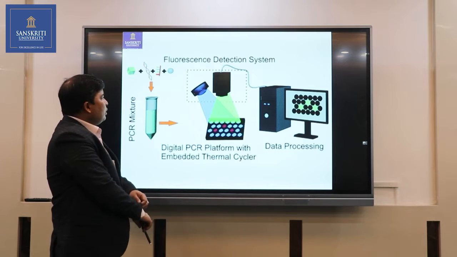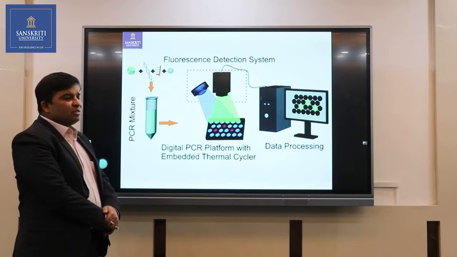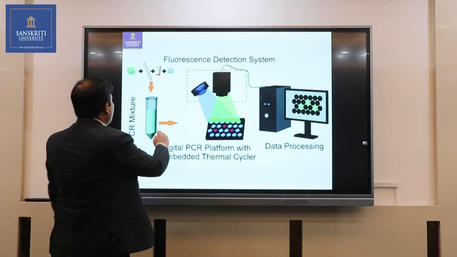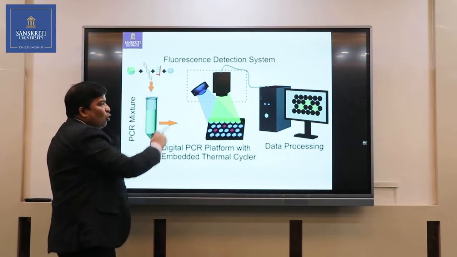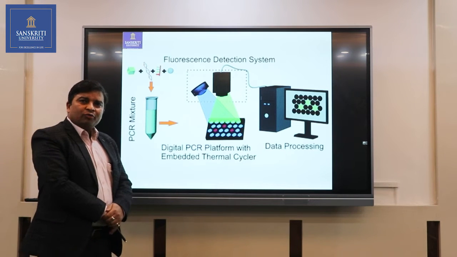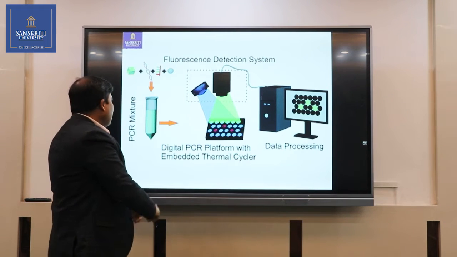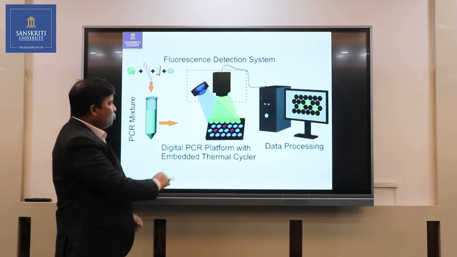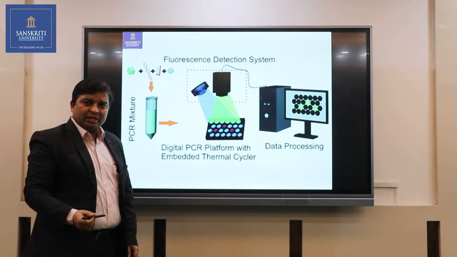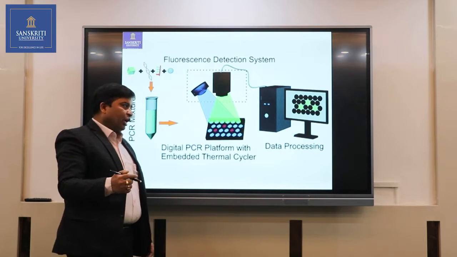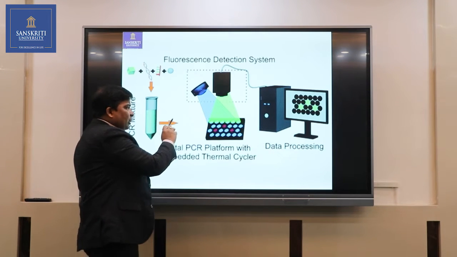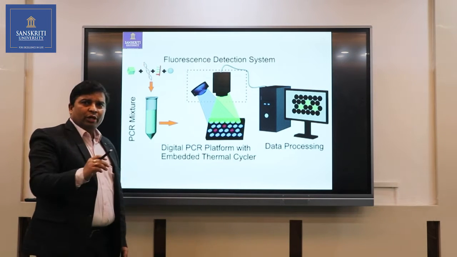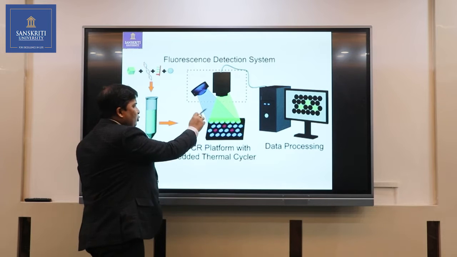Now we know about the fluorescence detection system used in real-time PCR. First we have to manage all the ingredients required for the real-time PCR. Then we mix the PCR master mix and put the samples inside the machine for amplification. During amplification, we expose the reaction to UV light.